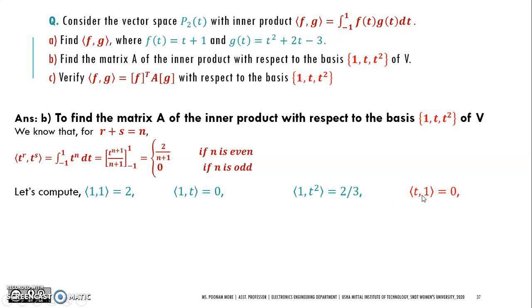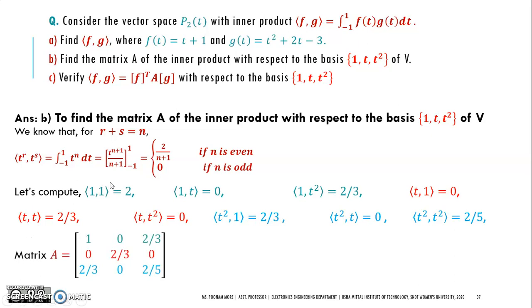Now the next inner product is t comma 1. Here also the value of n becomes 1, which is odd, and therefore this value is 0. Similarly, we will find the rest of the inner products which will be used to construct the matrix A.